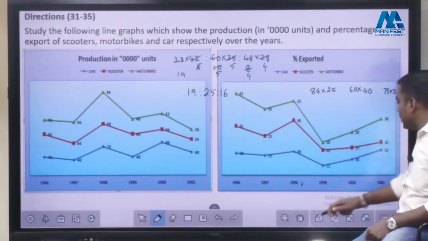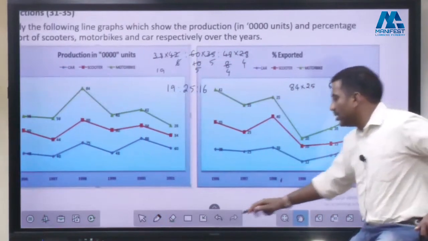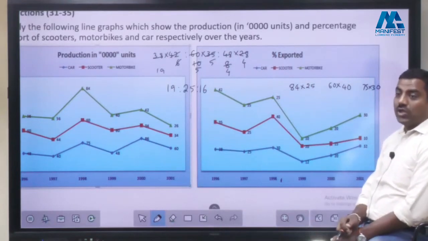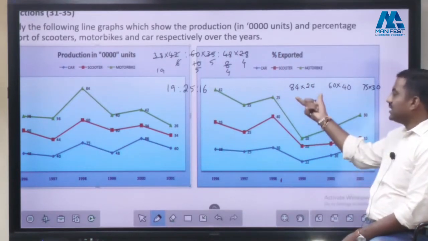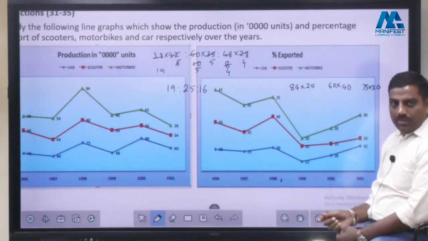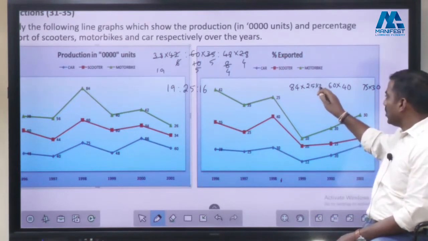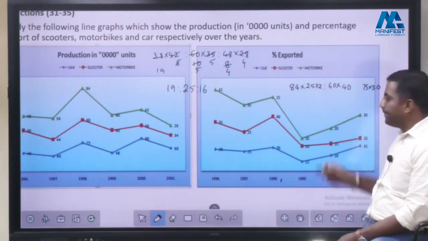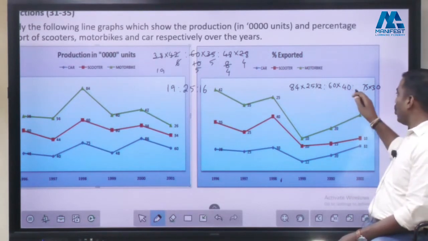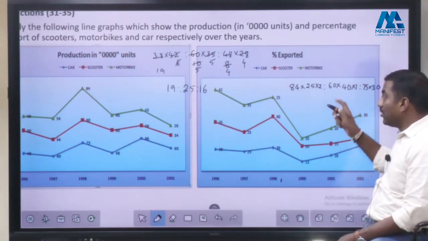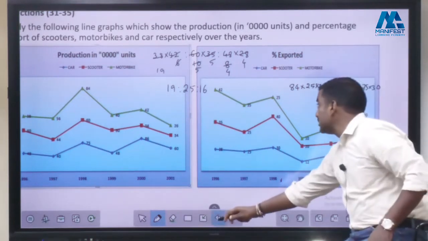But our job is not done yet. We have to fix the price also. If these are the number of units that we have sold or exported, then what is the price for each? 2 lakhs, let's say. Then into 1. Then here, but yeah, reading is different.